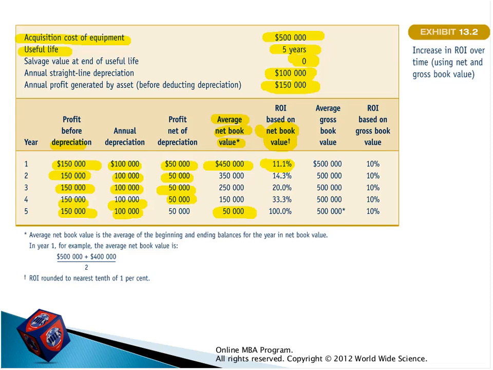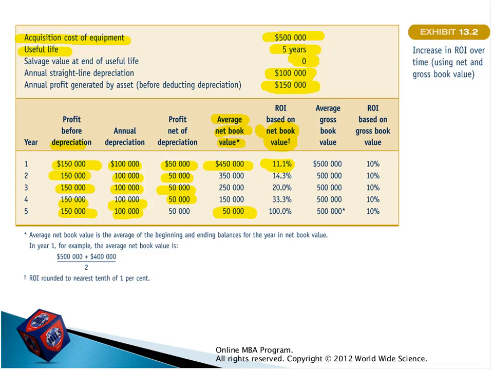How do we find the average net book value? This is how much we have invested. Remember, we have invested 500, and minus the 50,000 profit that we receive, then you will get 450, the average net book value for the first year.